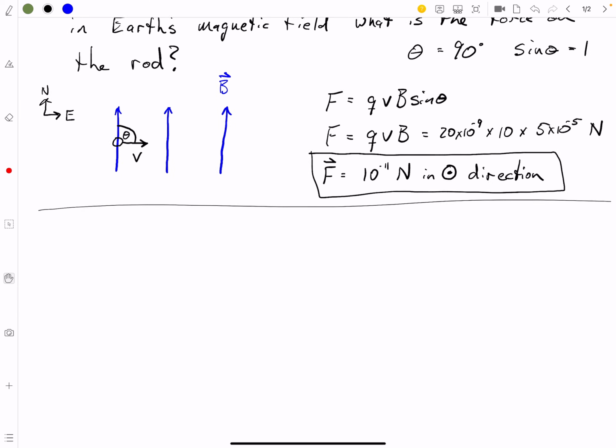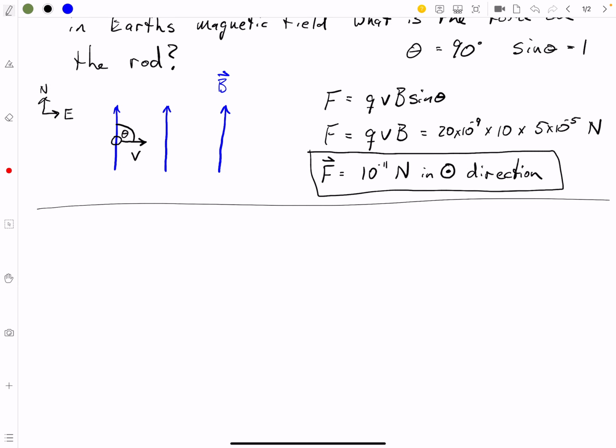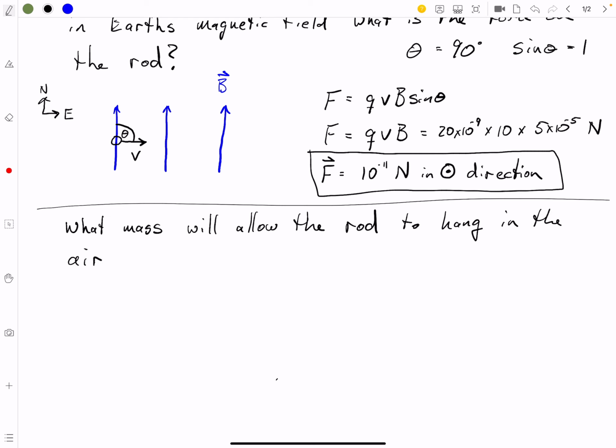What mass will allow the rod to hang in the air? Because we've got this force right here lifting us above the ground. Okay, that is the direction of the force. It's lifting us above the ground, right?